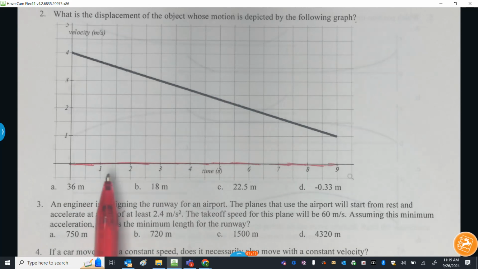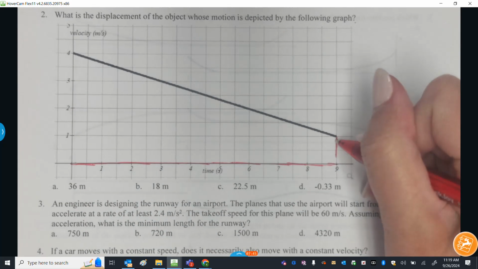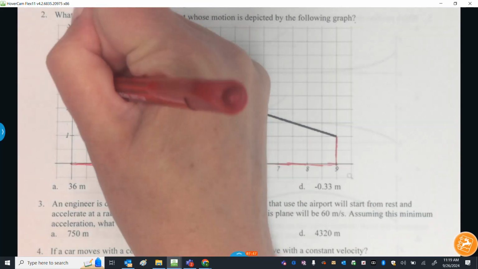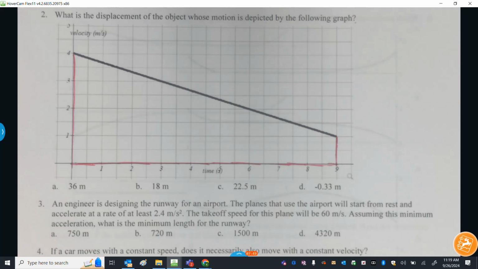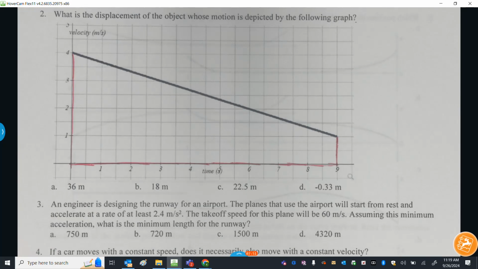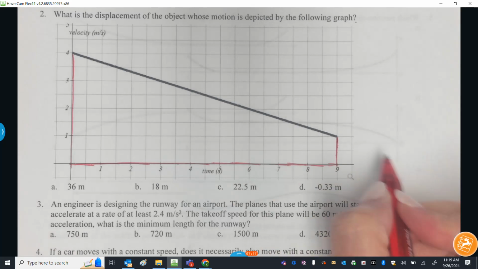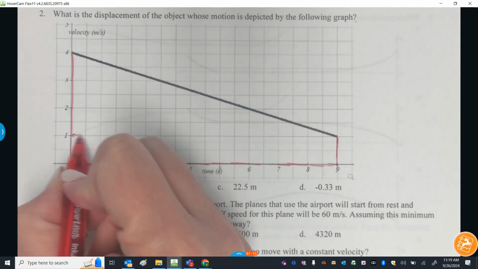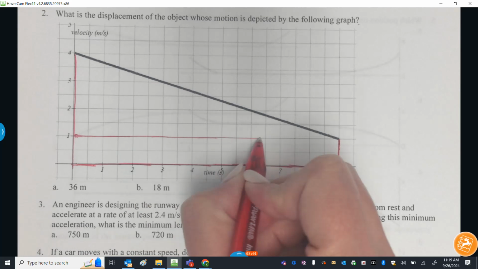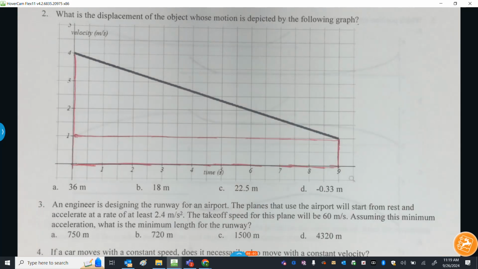But here's my x-axis, and so if I'm finding the area, I'm finding the area of this trapezoid. It's kind of a weird, irregularly shaped trapezoid, and so that's not something I want to find the area of. Instead, you can break it into more regular shapes, which would mean that I can break this into a triangle that is sitting on top of a rectangle.